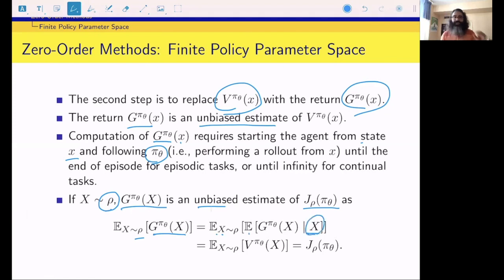So here x is considered fixed, and all the randomness in g pi theta comes from the randomness after being at state x, which includes the randomness of the next states and the randomness of choosing the action according to the policy. So this has randomness, but this expectation, by the definition of the value function, would be the value function itself at state x. So we get v of pi theta at state x. Now we take expectation with respect to rho, and it becomes j of rho of pi theta.